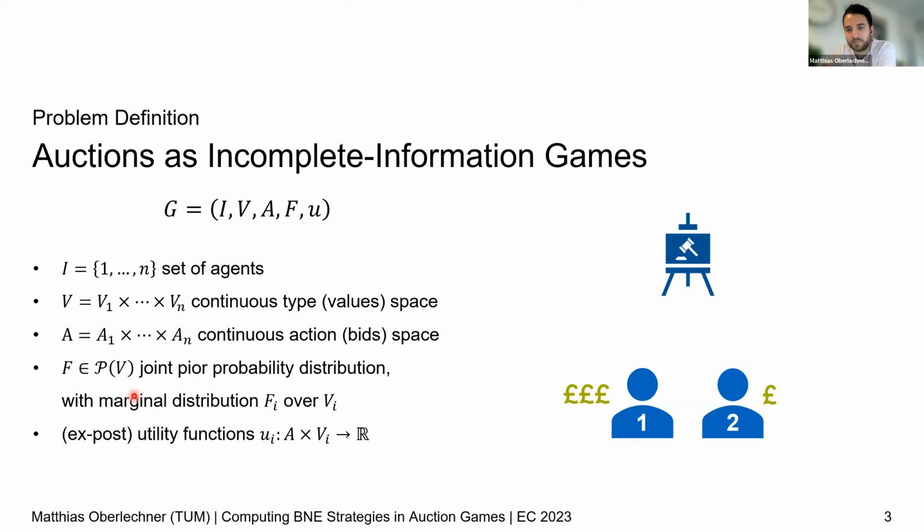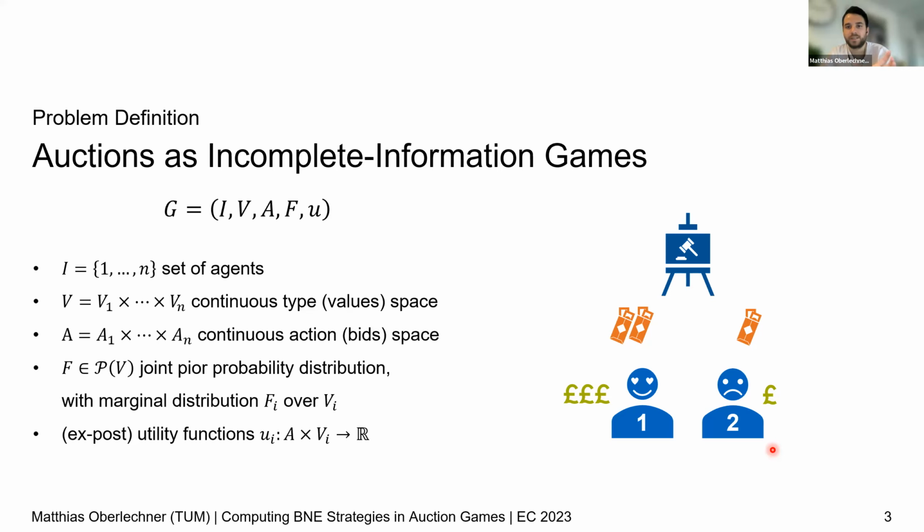And after the agents observe the valuation, they submit a bid. And this bid is an element of the action space of the agents. And then after submitting the bid, the item is allocated and the bidders observe their utilities. So in that example, agent 1 would have a utility of the valuation minus the bid, while agent 2 has a utility equal to 0 because he or she did not get the item.